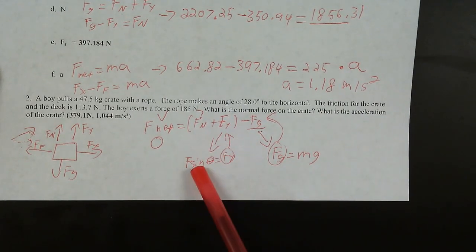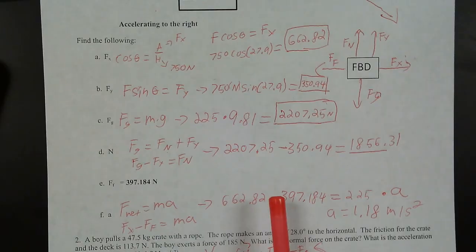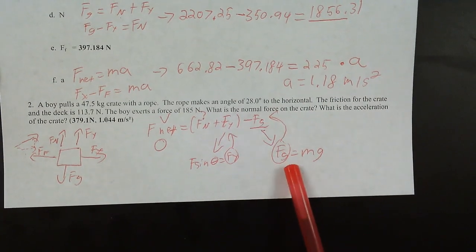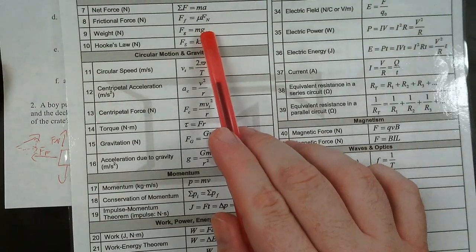And hey, I remember that F sine theta gives me Fy from doing this earlier in the problem up here. I also remember, because we've done it a lot, that if I need to find the weight of something, that's just the weight formula on my formula sheet, which again is right here, this guy.